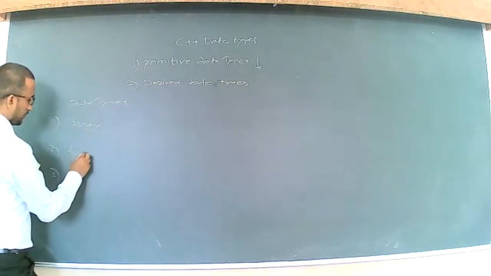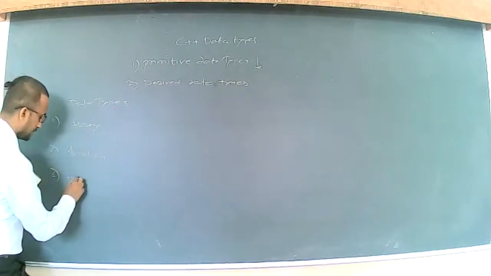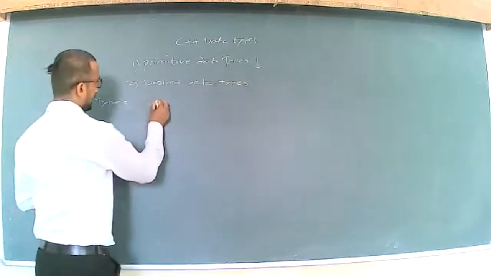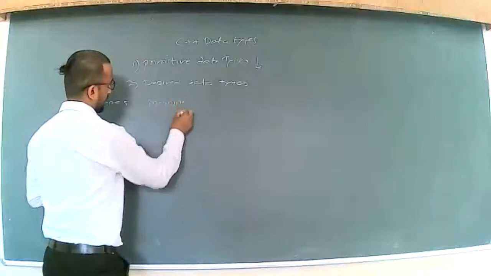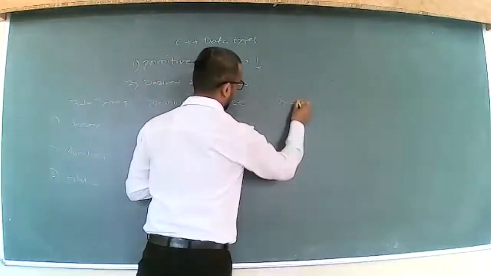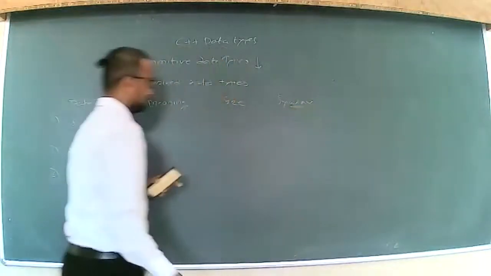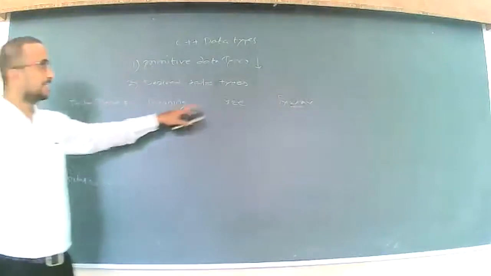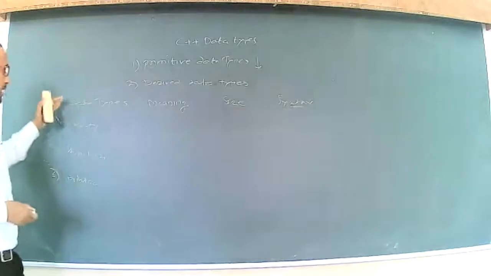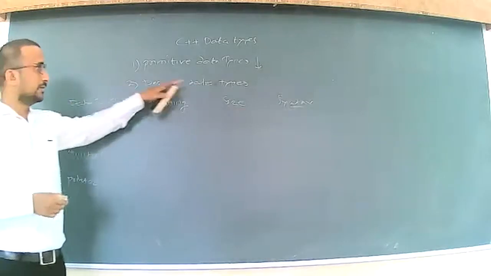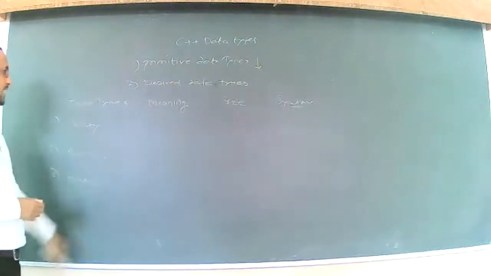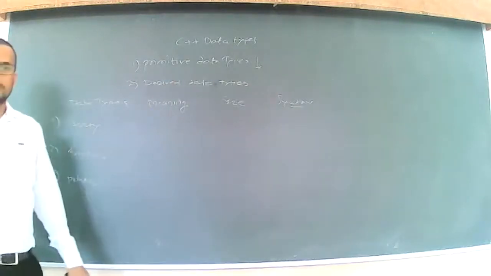Array is there, function is there, and pointer is there. For each, we will discuss the data type, its meaning, then size and syntax. We will again discuss the derived data types with respect to the same meaning, size, and syntax. So the first data type that we have is array.